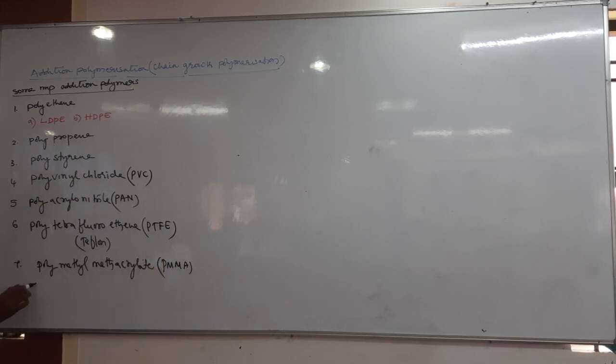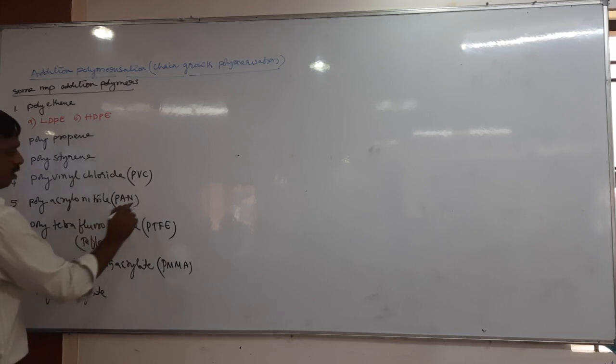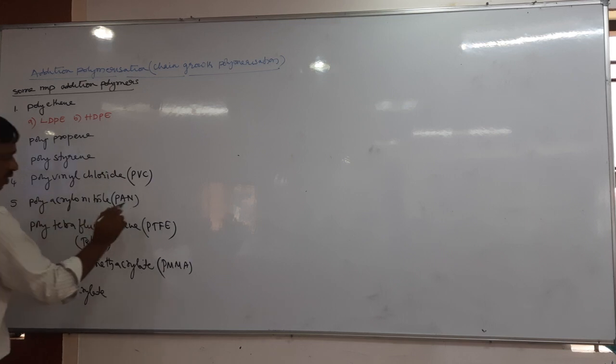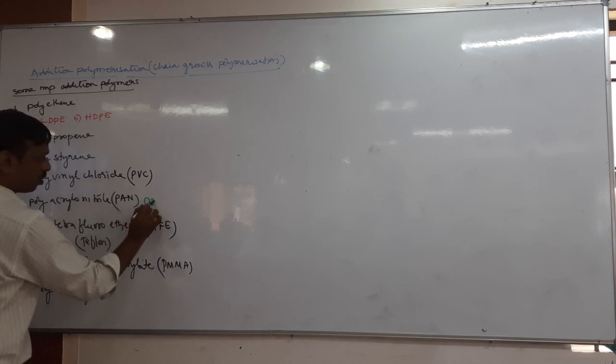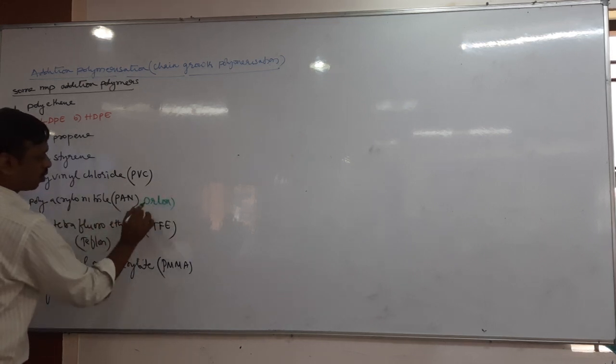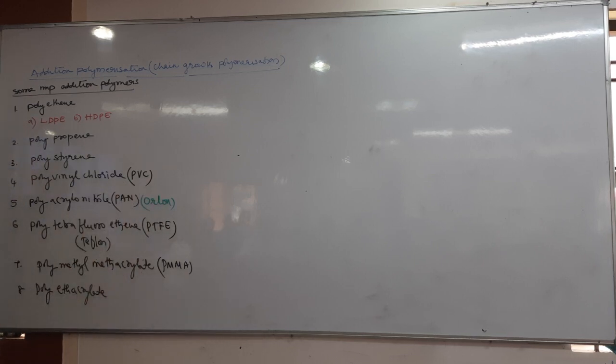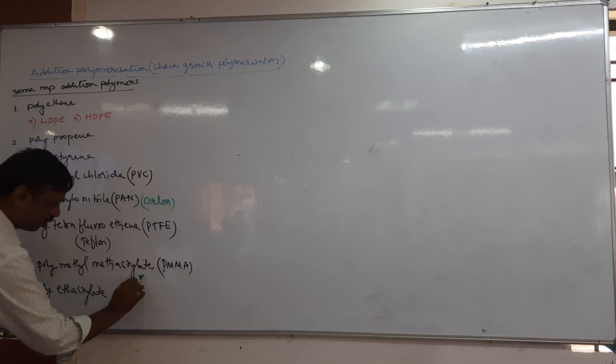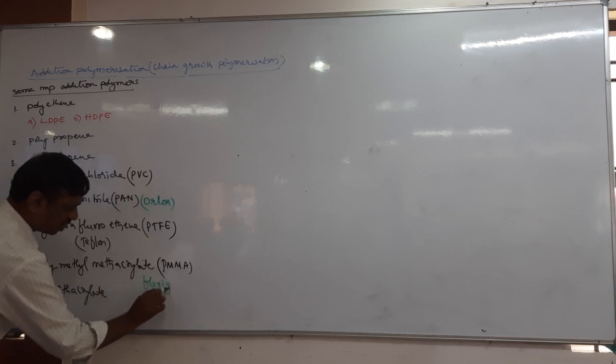Next, the 8th one, polyethacrylate. So polyacrylonitrile is called Orlon. Next, polymethyl methacrylate, which is also called Plexiglass.